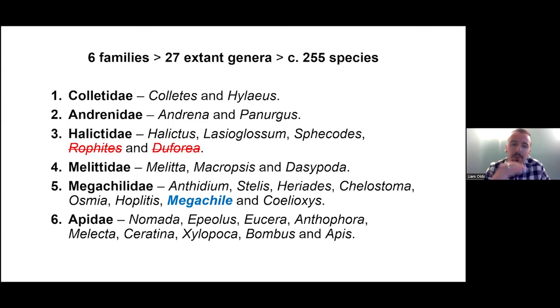There are 7 bee families worldwide, and we have representatives within 6 of those families. The 7th family is only found in Australia. But you can see the Megachile, which are the leafcutter bees, in the blue there. They fall within the Megachilidae family. So there's a number of closely related genera in there, things like the mason bees and the sharp-tailed bees and woolcarder bees.